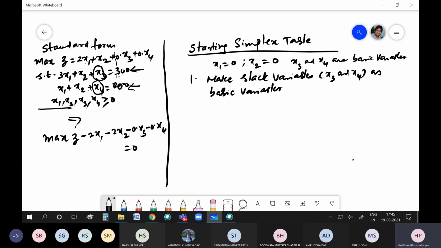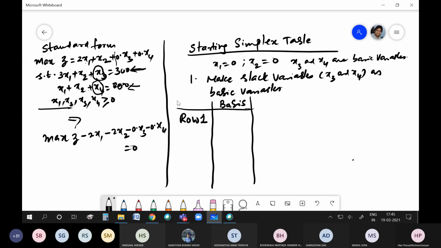So now we write row 1, the constraint 1. In constraint 1, what is the basic variable we have? We call this the basis. Which is the basic variable in row 1? x3.